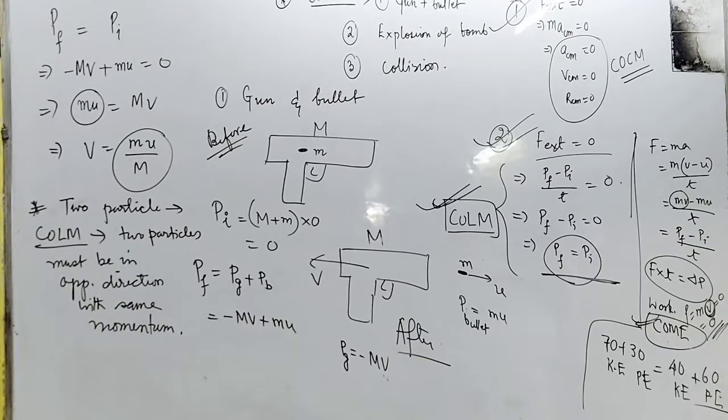If the event occurs by taking two particles, the two particles will be opposite in direction. One forward, another will be backward. One upward, another will be in the downward direction. And what is the second criteria? Second criteria is they will have the same momentum.